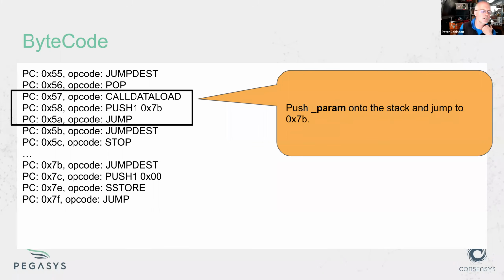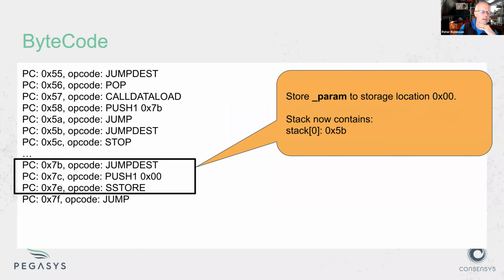So what you can think of this as saying is push _param onto the stack and then jump. And then once we get to 7b, we push 0 onto the stack and then SSTORE. So we're storing at location 0 the value that was next down on the stack, which was the param. So store _param at location 0.